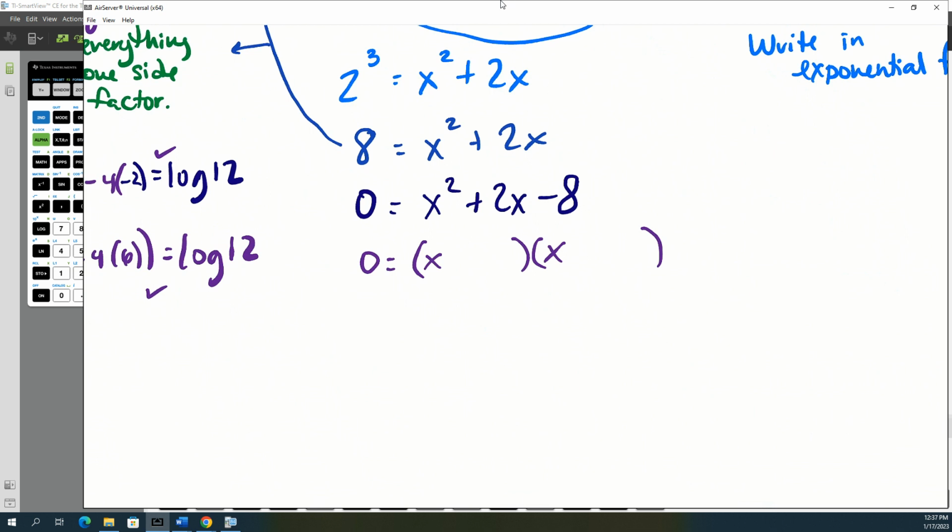Right, and this is another situation where I know that that's a minus, so I need different signs. One plus and one minus. And this time I want the bigger one to be positive, so I can get a plus 2.